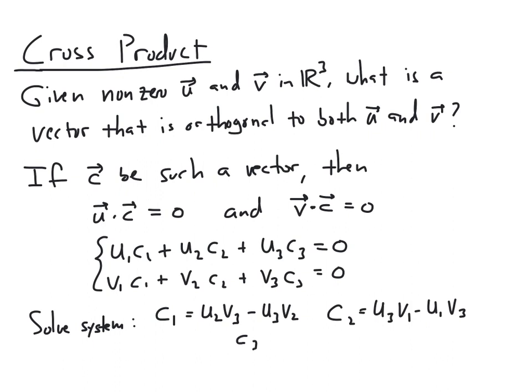And C3 will be u1 v2 minus u2 v1. So just by algebra, solving this system of equations, we find that the vector C that we want, which is orthogonal to both, must have these particular coordinates. And so these three coordinates C1, C2, C3 are going to be our definition for the cross product.